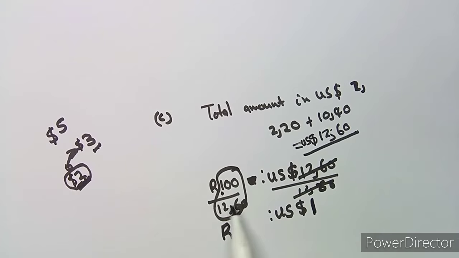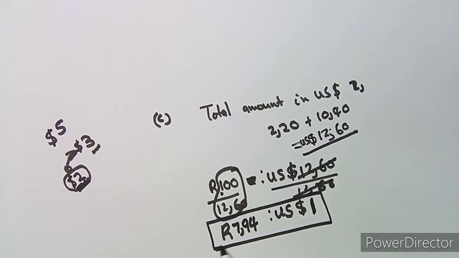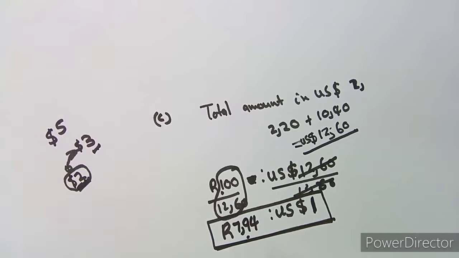Then whatever you get, round off to 2 decimal places. You are going to obtain 7,9365, which when you round off is going to be 7,94 to 2 decimal places. So this is what you're supposed to write your answer as. So this is your n here.